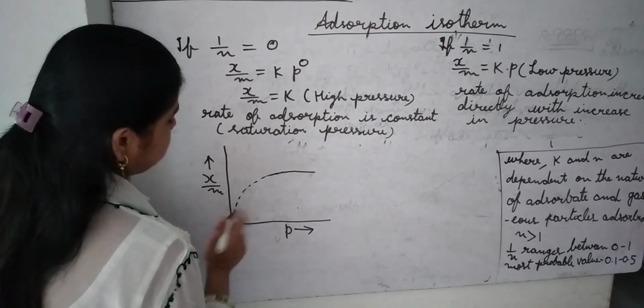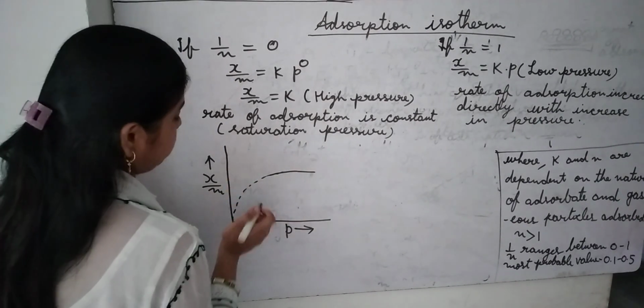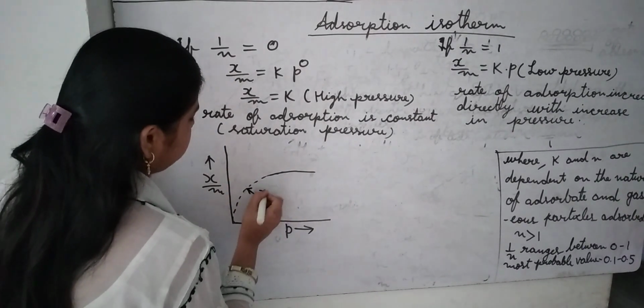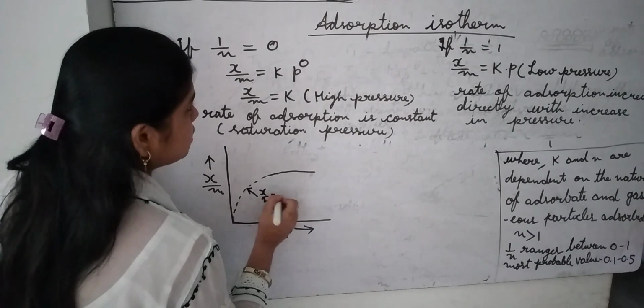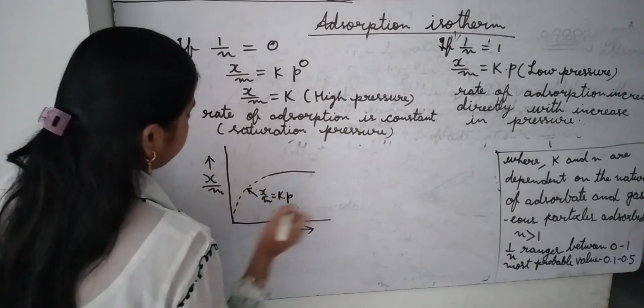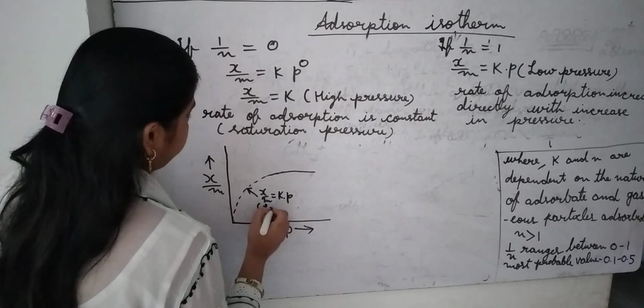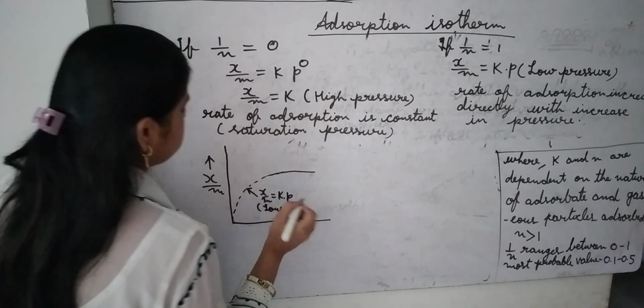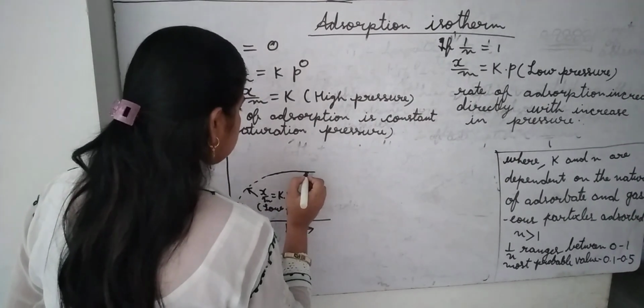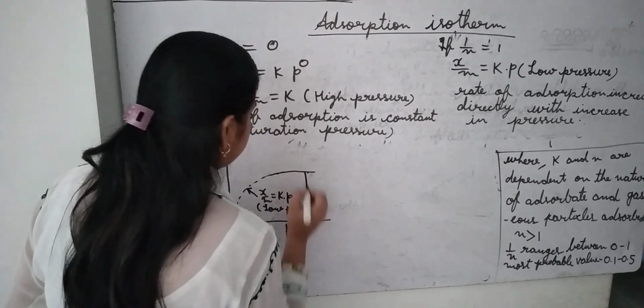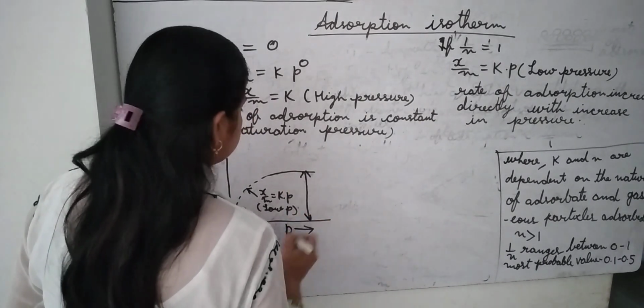So this is low pressure. At low pressure, what are we observing over here? x by m is equal to Kp, and it is low pressure, and this is saturation pressure where it has become constant.